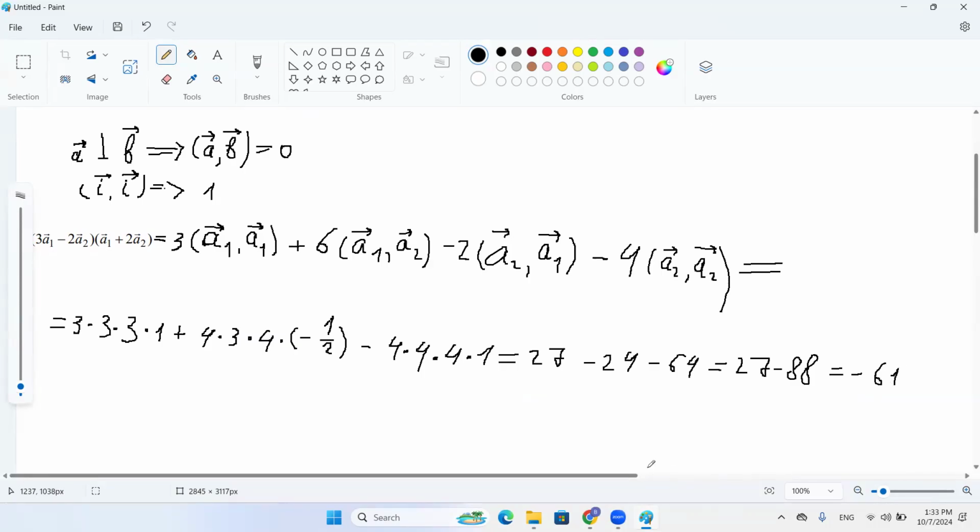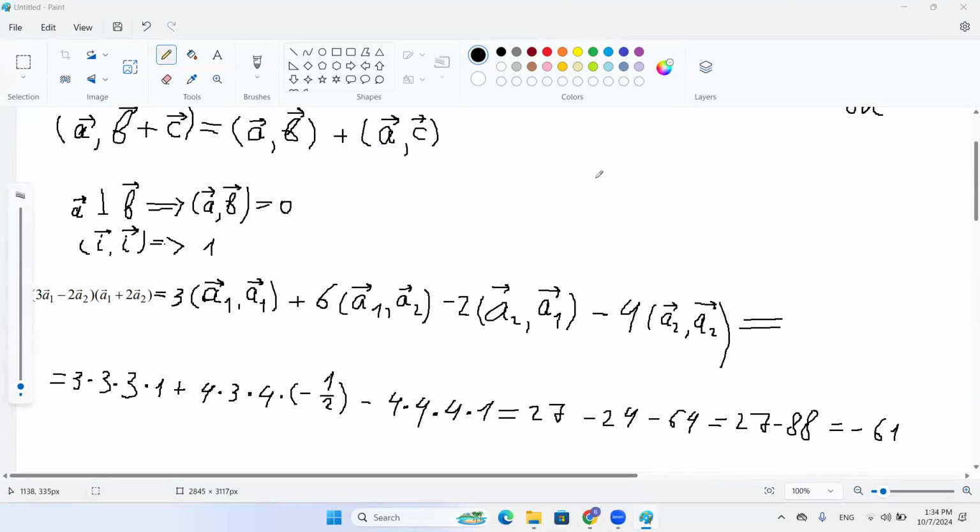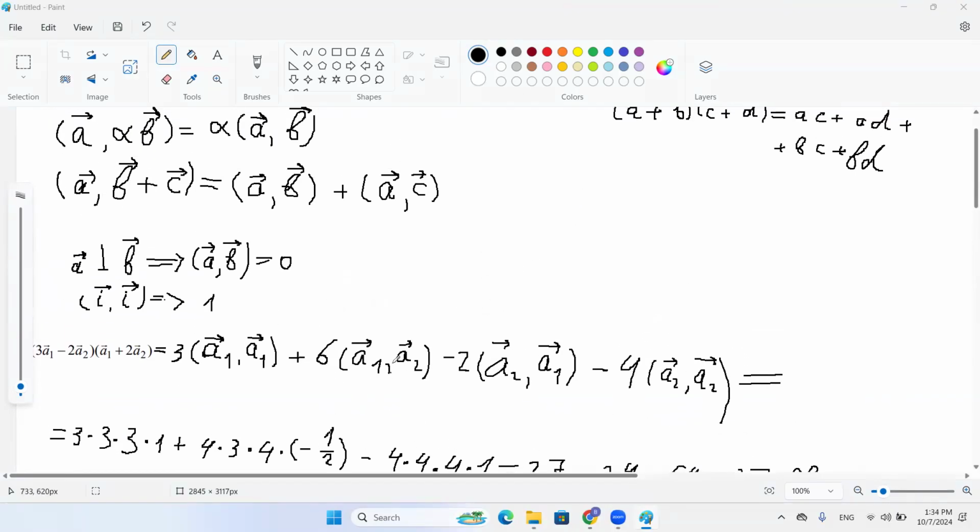Any questions about this task? Maxim, yeah, I have a question about the notation. A1, comma A2 in the parentheses, it is not a scalar product, but the cosine? No. This is just a symbol of a scalar product. So we use this, or we can write it this way.